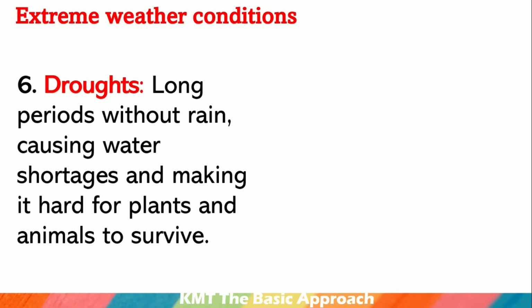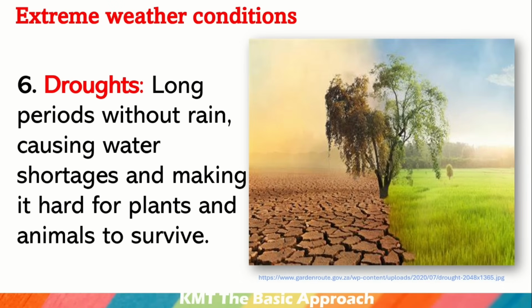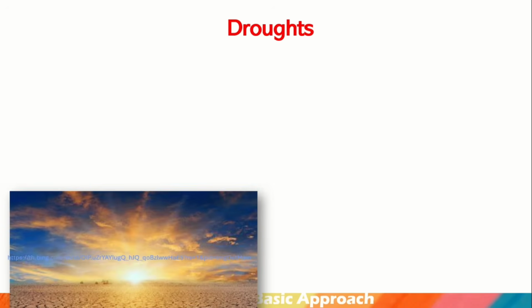Number 6. Droughts. Long periods without rain, causing water shortages and making it hard for plants and animals to survive. This is droughts. Here are the additional pictures for droughts.